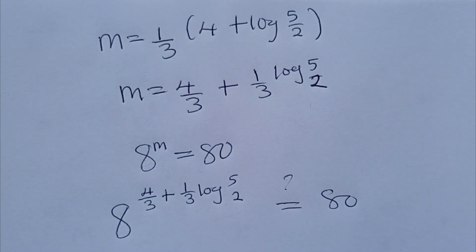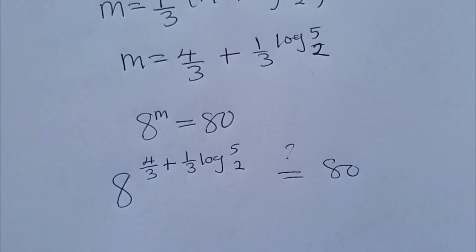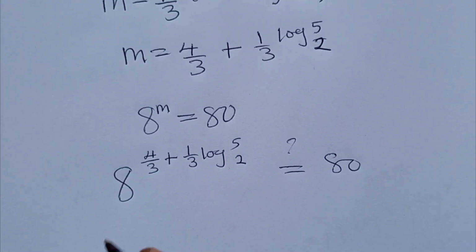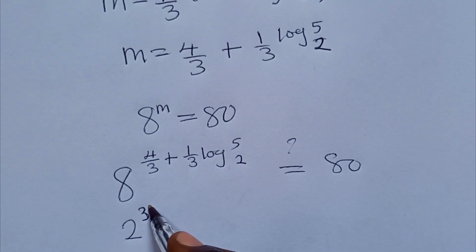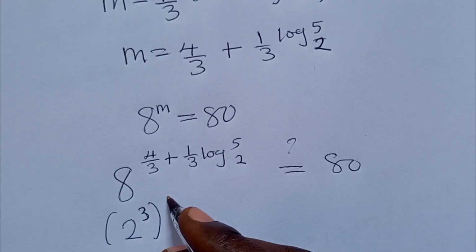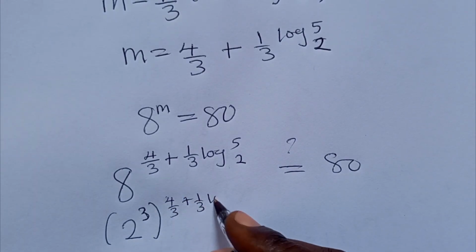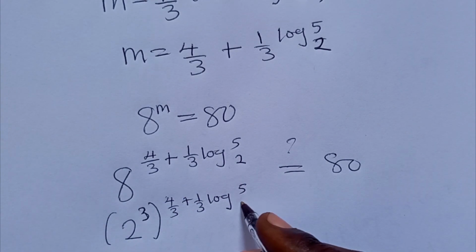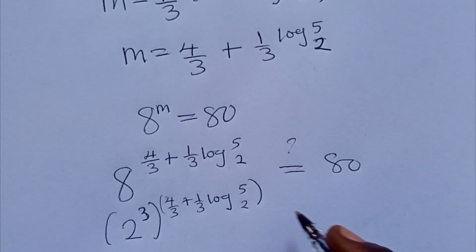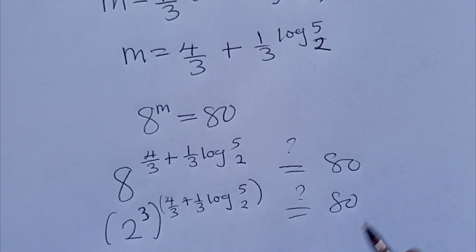Let's find out. Okay, so this is what we have. And you know, this is the same thing as 2 to the power of 3, all to the power of 4 over 3 plus 1 over 3 log 5 base 2. Is that going to be equal to 80?